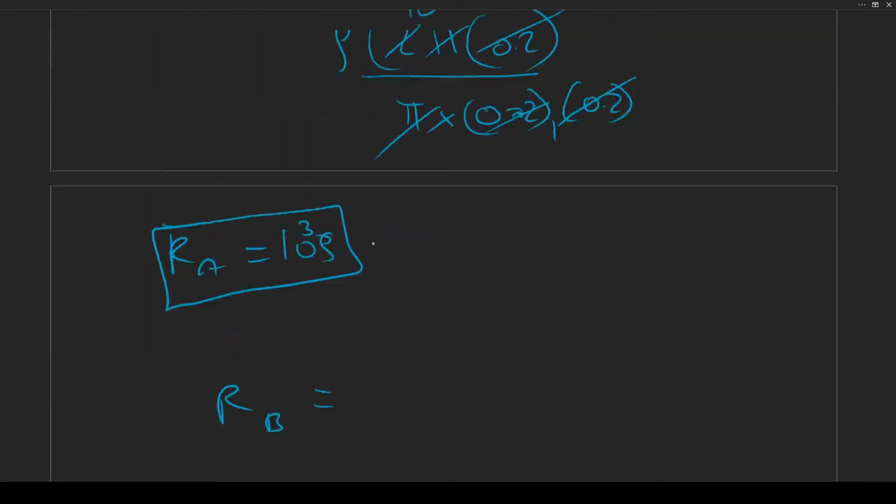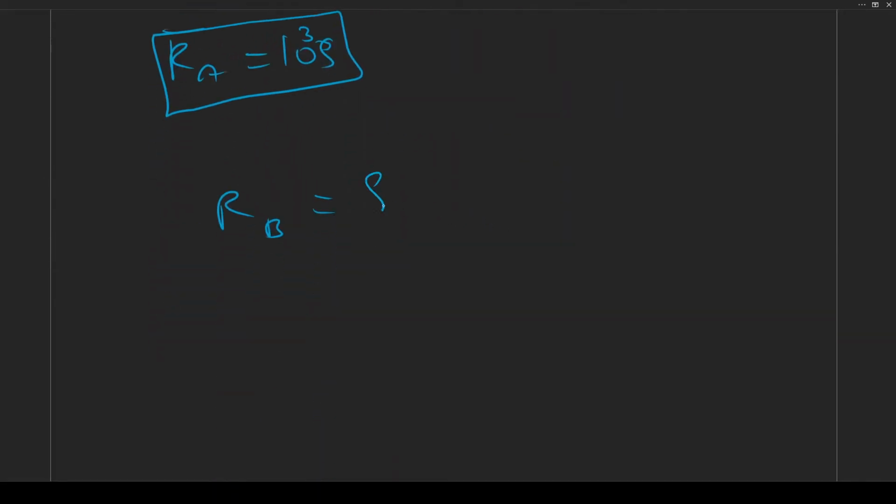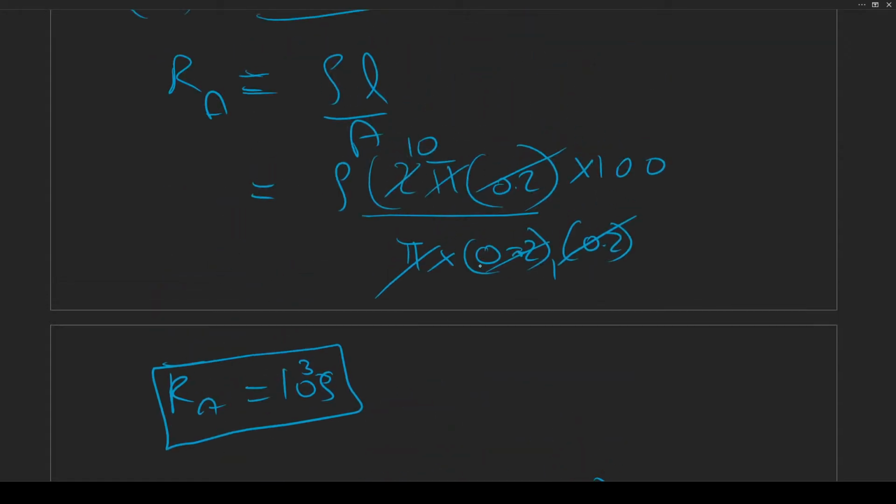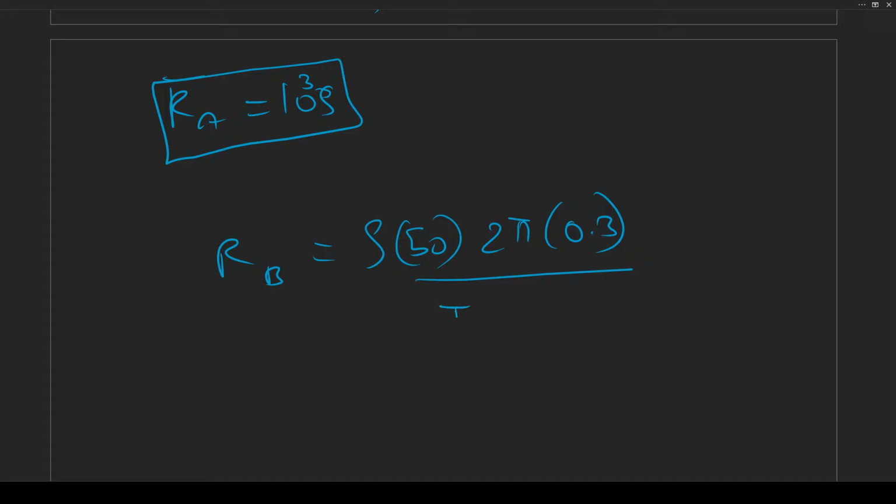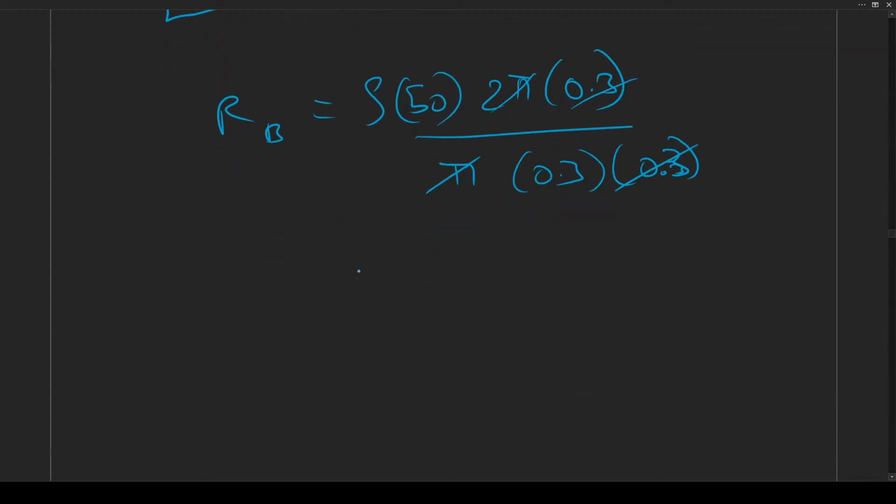And Rb equals rho times 50 times 2 pi times 0.3 by pi times 0.3 times 0.3, which we will get as Rb equals 100 rho by, or 1000 rho by 3.